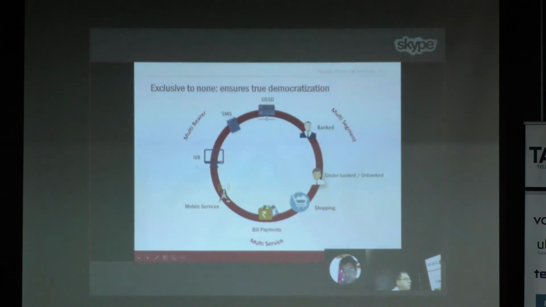By having a multi-bearer type of technology, where we offer this through the different operators. We're using smartphone apps available through the internet, so there's no need to be associated with a particular operator. We have multiple segments: the banked, the underbanked, and the unbanked, and we are multi-service. We have shopping, bill payments, and mobile services, all created around one single solution.